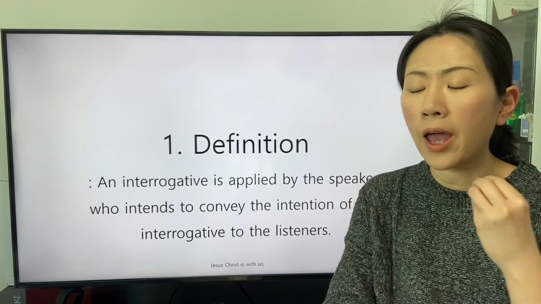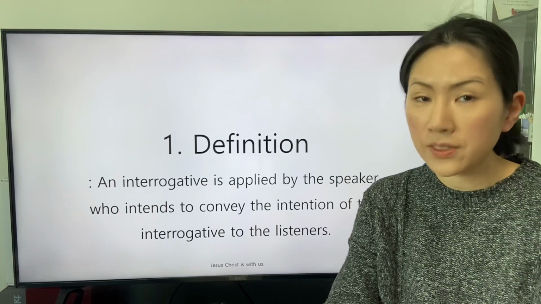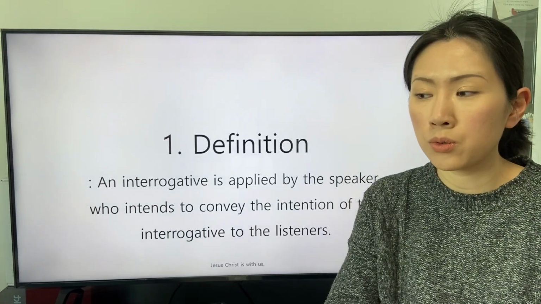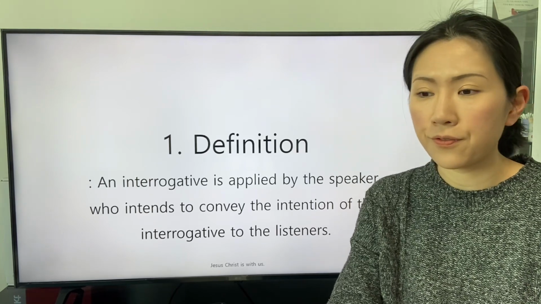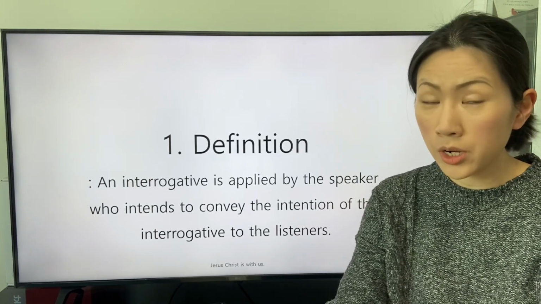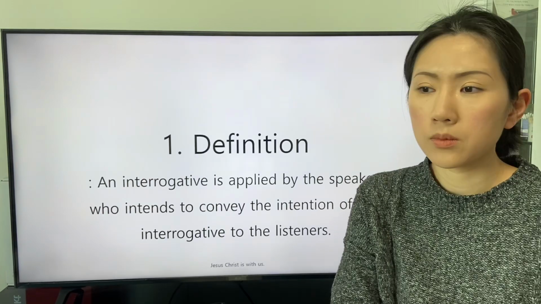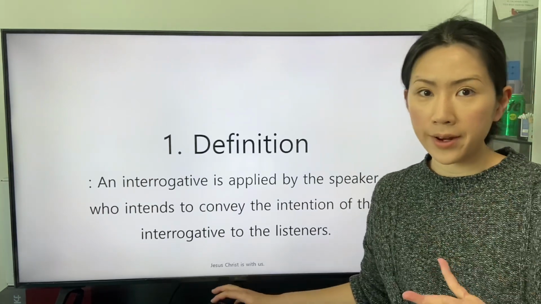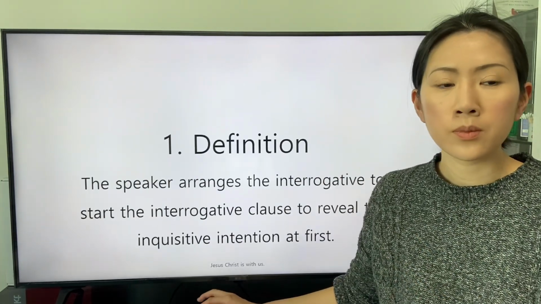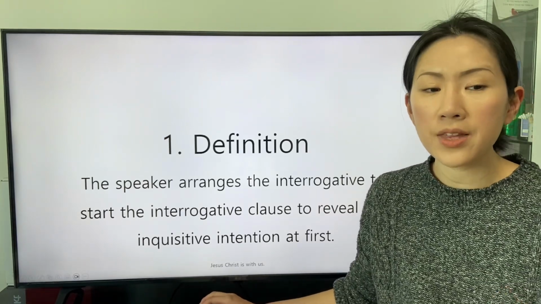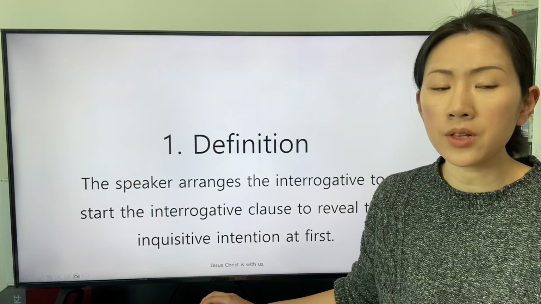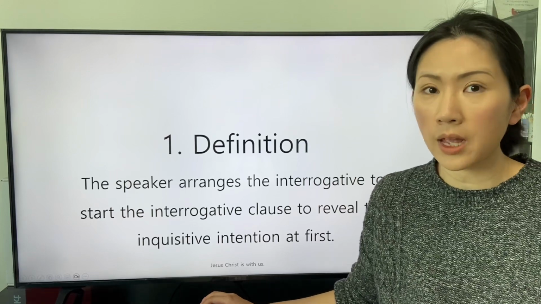A speaker who has the specific intention to get the information from the listeners applies the interrogative in the clause. The speaker arranges the interrogative to start the interrogative clause to reveal the inquisitive intention at first.